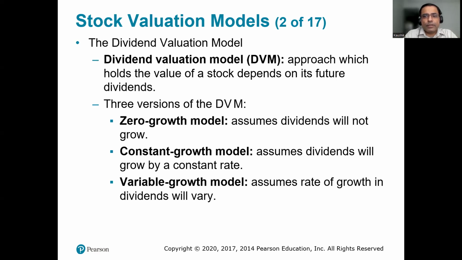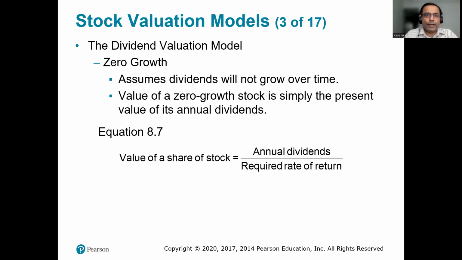Constant growth rate, dividends are assumed to grow at a constant rate in future. And variable growth model. So the dividends grow at a high rate for the first few years, and then they grow at a stable, constant rate over the remaining years. So we look at each of these versions in more detail.